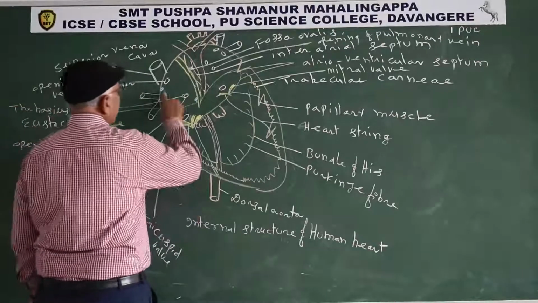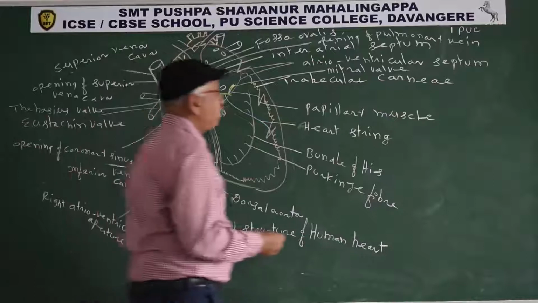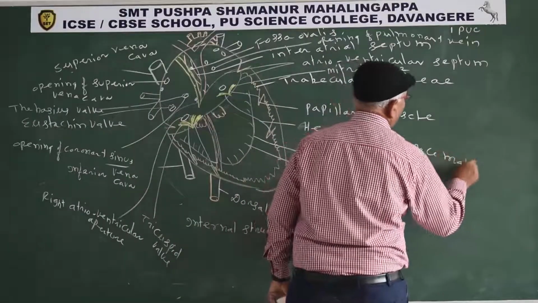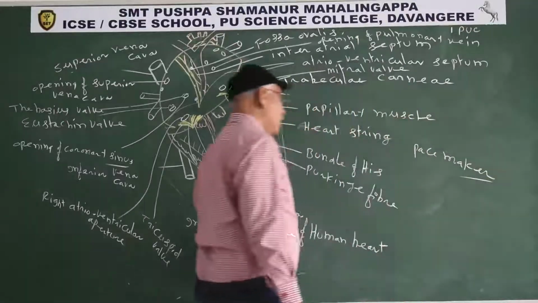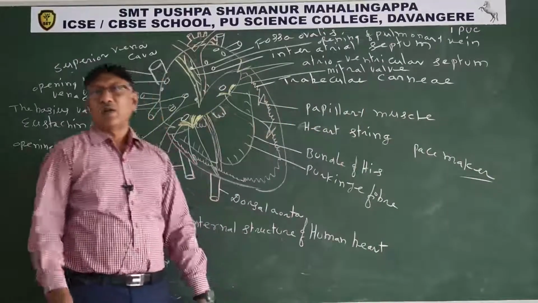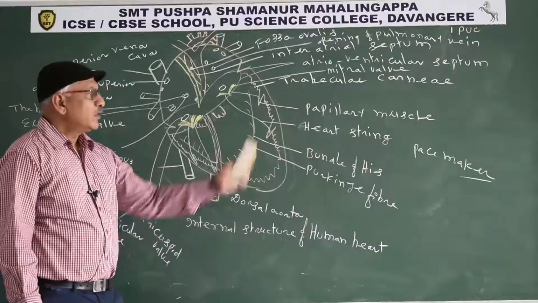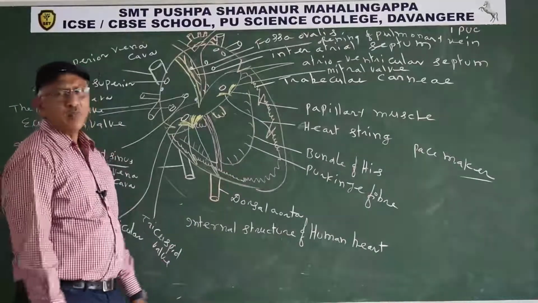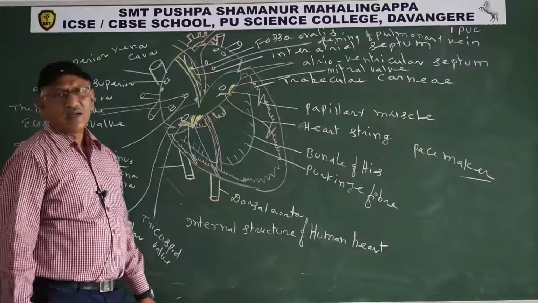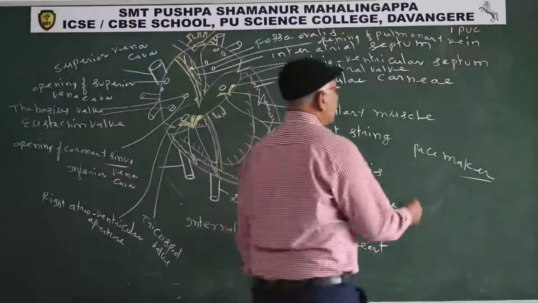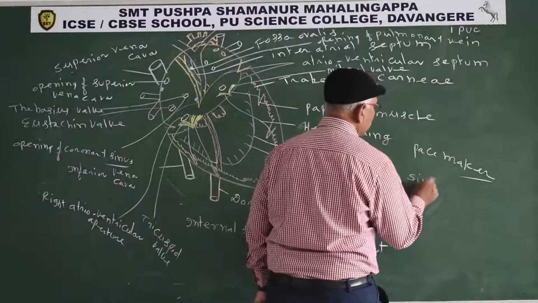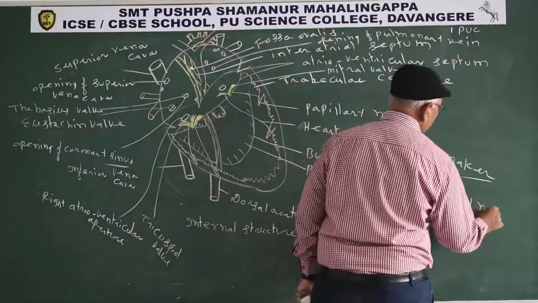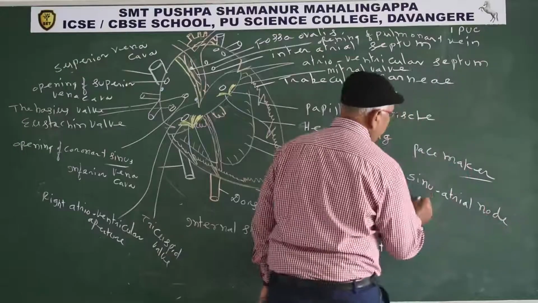So the next point is pacemakers. What is a pacemaker? The part of the heart where the wave of contraction begins is known as the pacemaker. Two pacemakers are present. One is the sinoatrial node, or SA node.